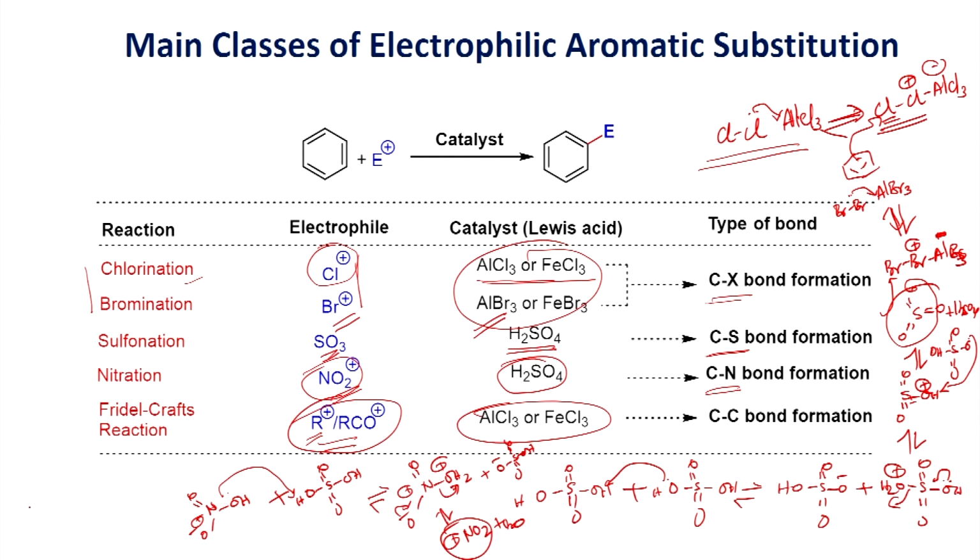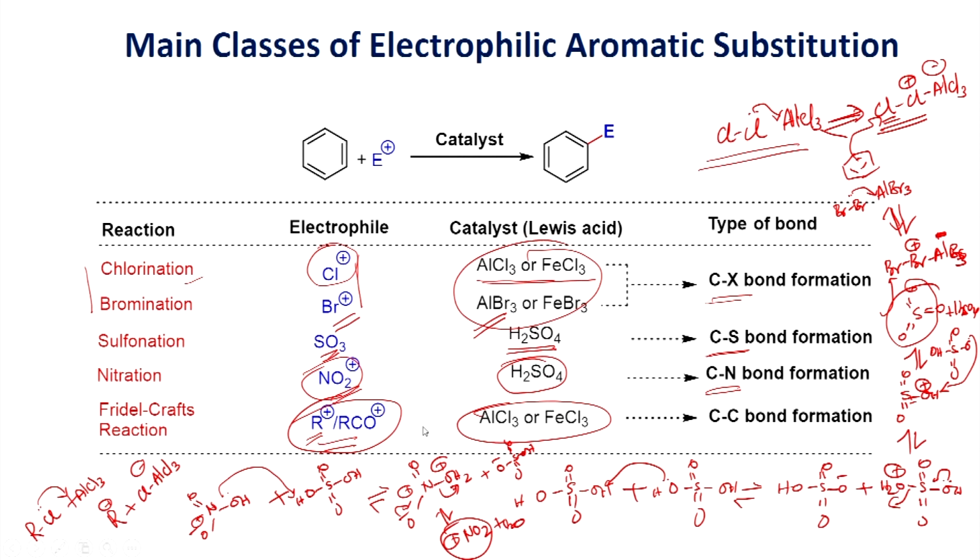For example, if you have an alkyl halide and you react it with aluminum chloride, as we have seen, you can form R plus and AlCl4 minus. So, this can act as an electrophile.